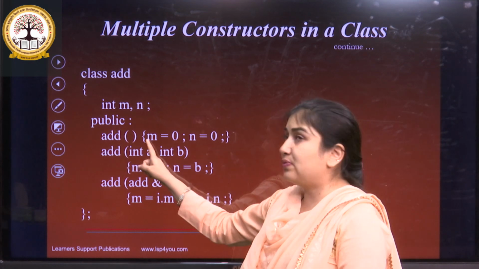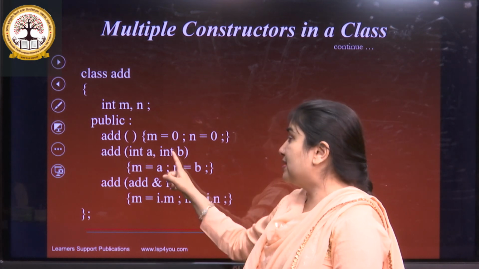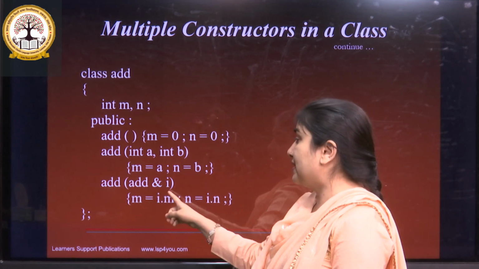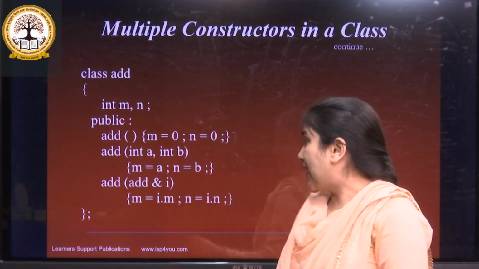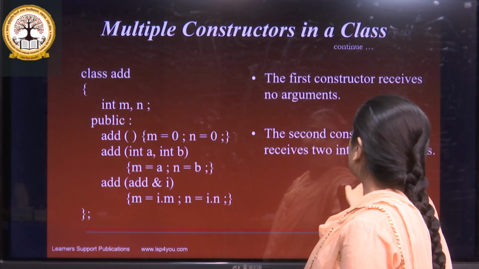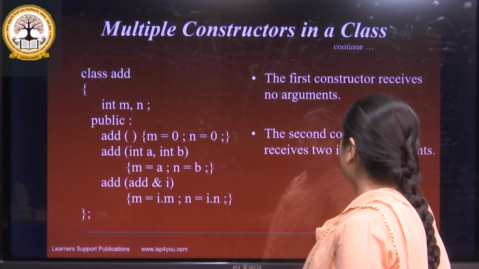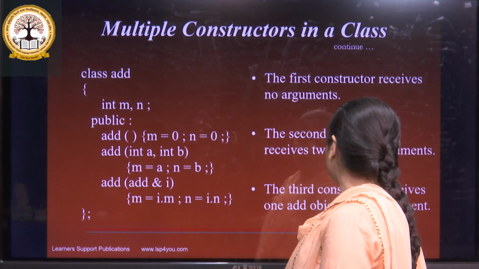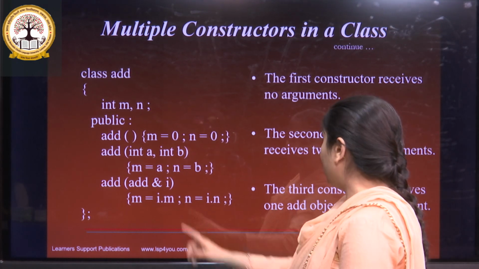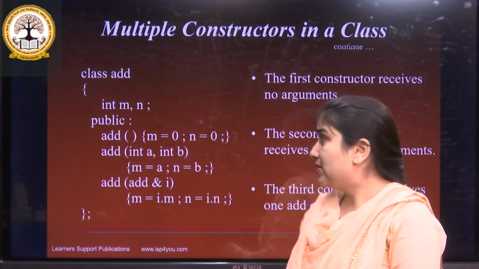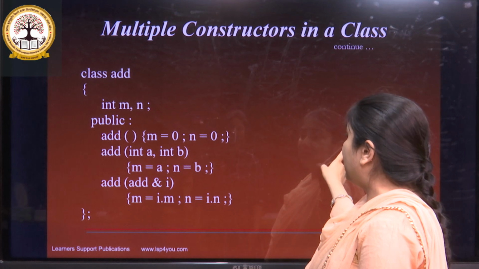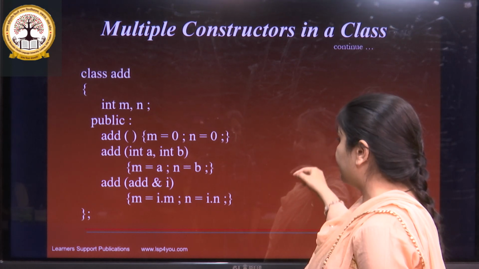The first constructor receives no arguments, the second receives two integer arguments, and the third receives one add object as an argument. So this is an example of multiple constructors in the same class.